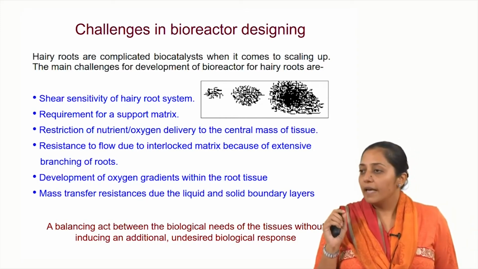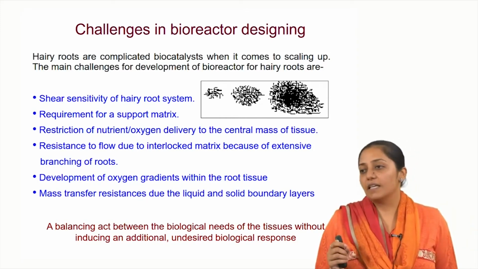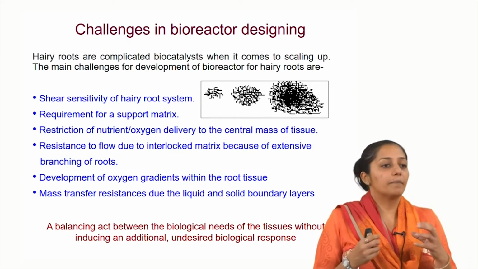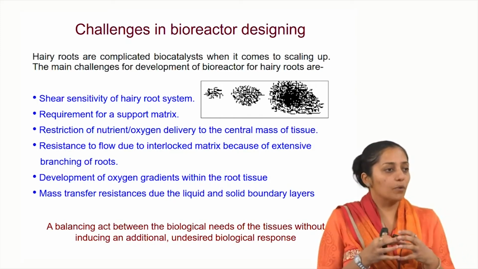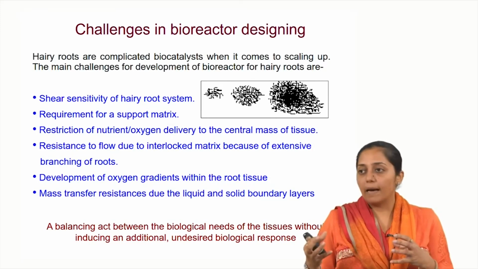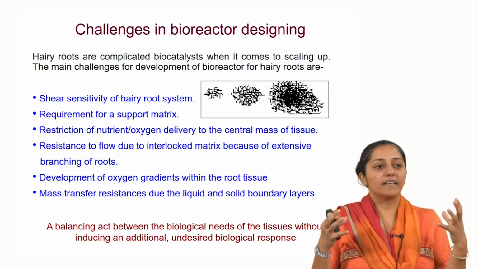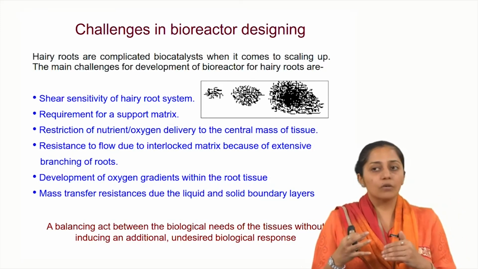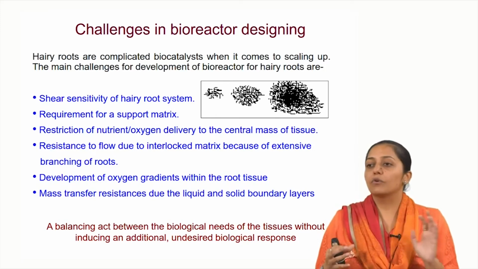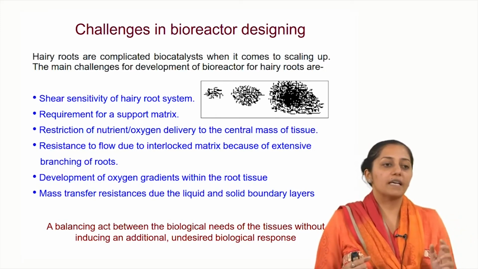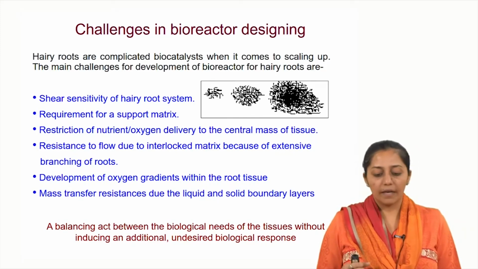Now hairy roots are self-immobilizing in nature. So the growth begins once they come together. As the growth happens, they will grow as a single matrix, and therefore the inner core is generally found to be devoid of nutrients and gets necrotic.